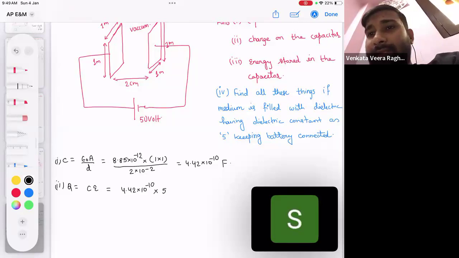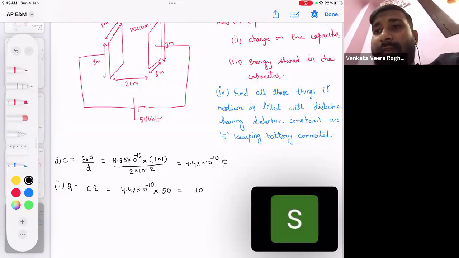What is the voltage we have applied? 50 volt. So how much will it come? That will become 10 to the power minus 9, isn't it? And 5 into 2, 0. 5 into 4, 20, 21. 5 into 4, 20. And 22. Please check it.